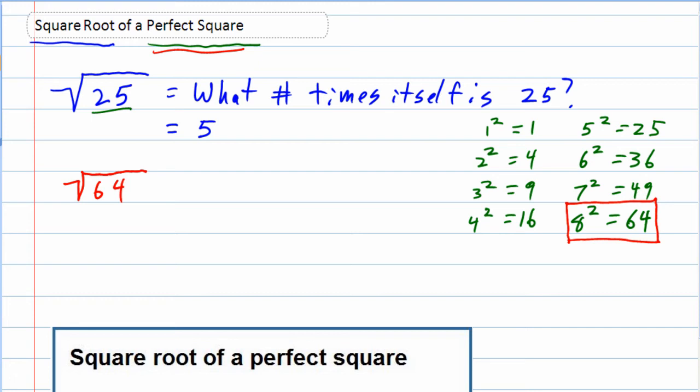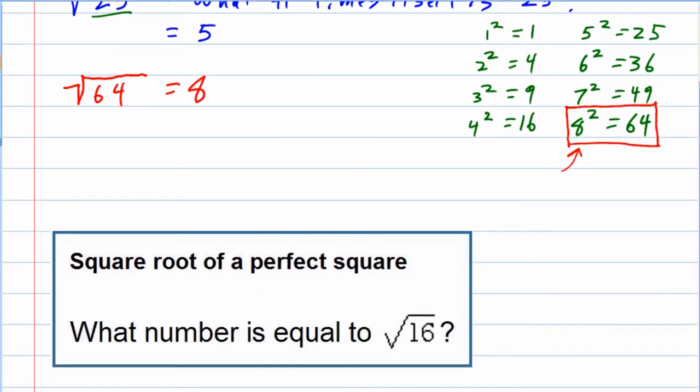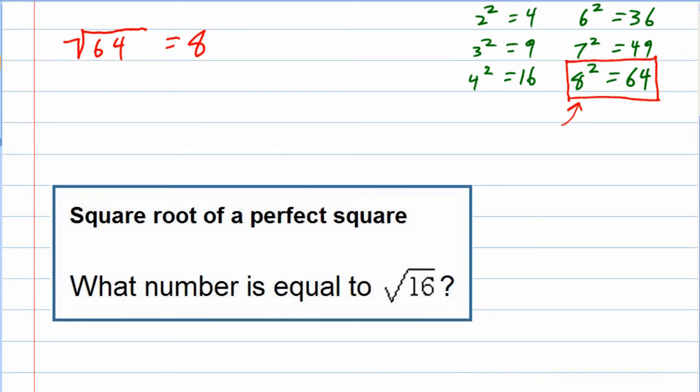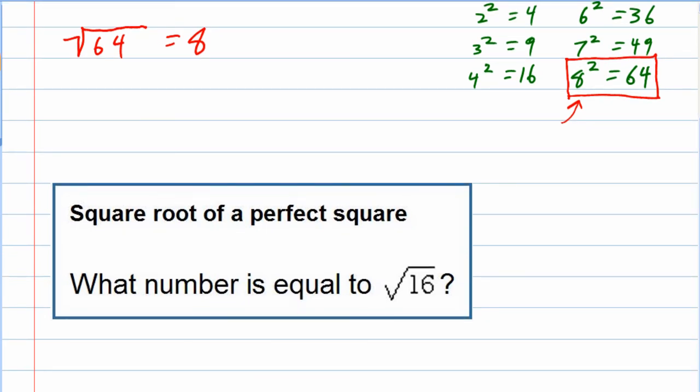So when we ask ourselves that question, what number times itself is 64, looking back over here I can see that 8 times itself is 64. So the square root of 64 is 8.